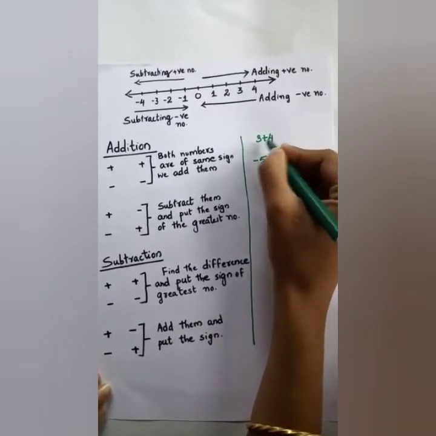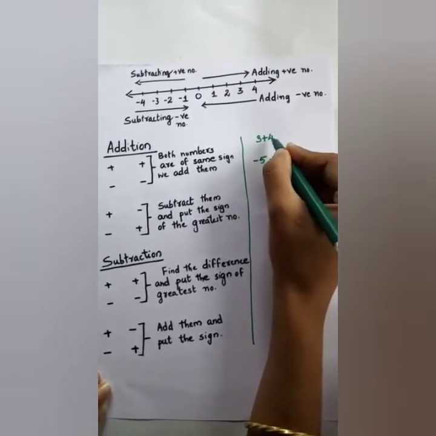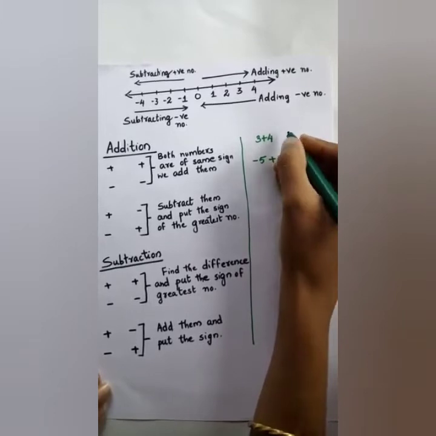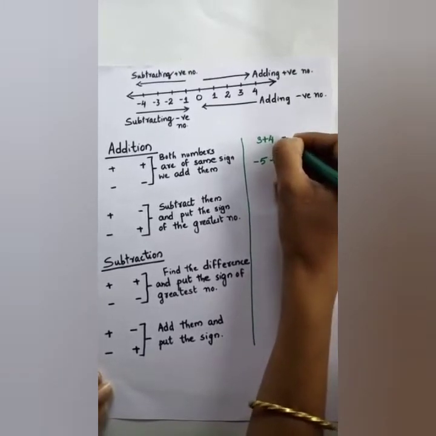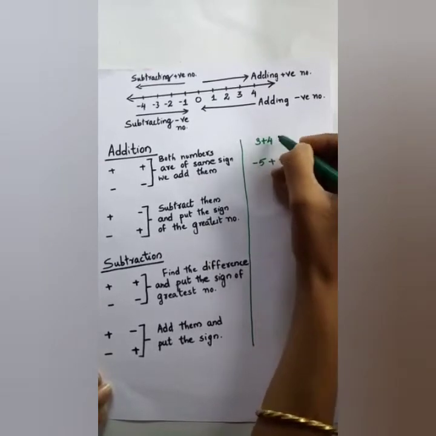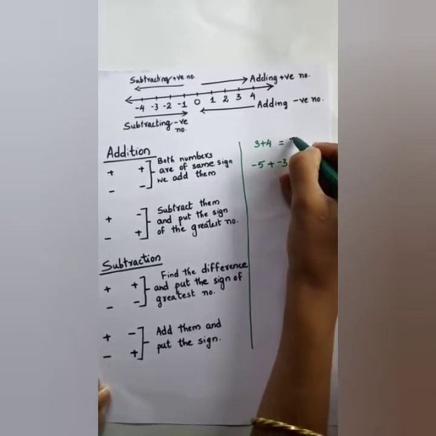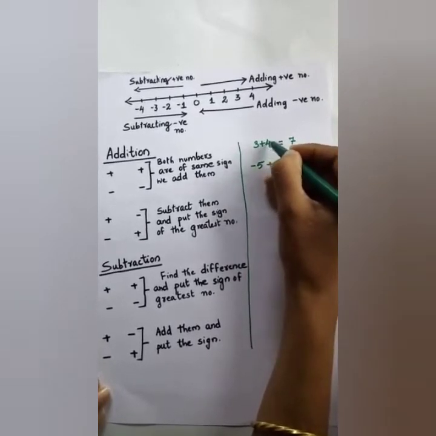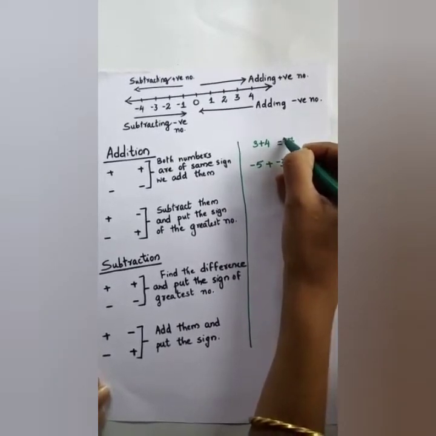If we are adding 3 and 4, what do we have to do? Look at this. Here both the numbers are of the same sign. So we just add them and put the sign. So when we add 3 and 4, we will get the answer as 7. And as both of them are positive, the sign will be positive.